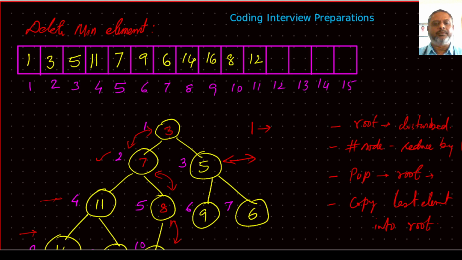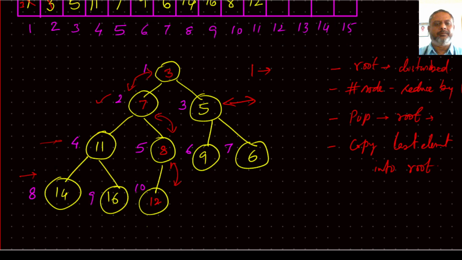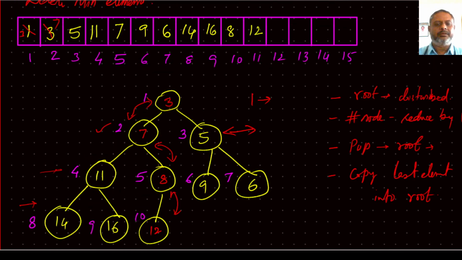What has happened is, 3 has come here, and in place of 3, 7 has come. 5 and 11 remain at the same place, and then at the fifth place it is 8, and at the 10th place it is 12, and the 12th place is empty.